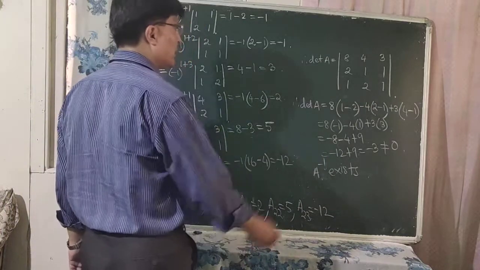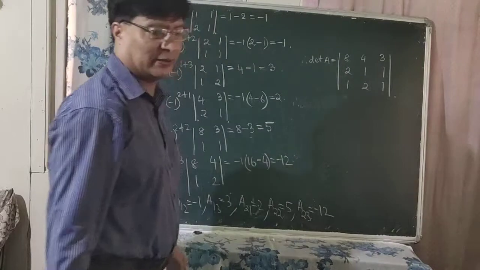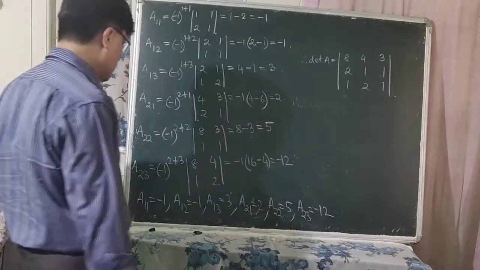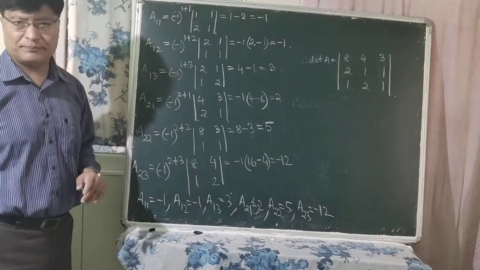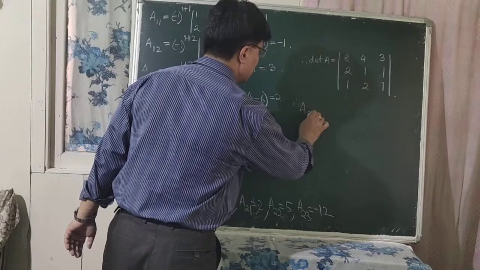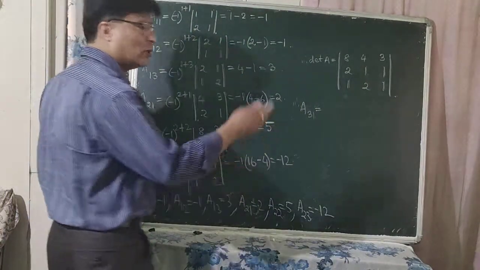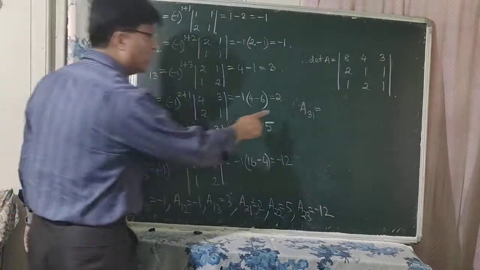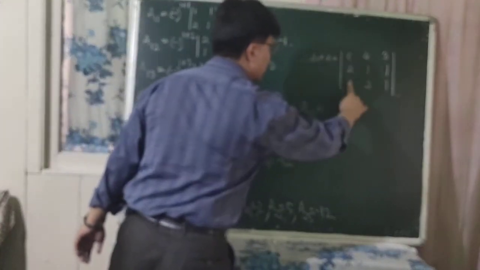So now, actually this is the matrix A, right? We have determined A23. Now we have to find out A31. What is A31? That is the cofactor of the element belonging to the third row and first column. That means 1.